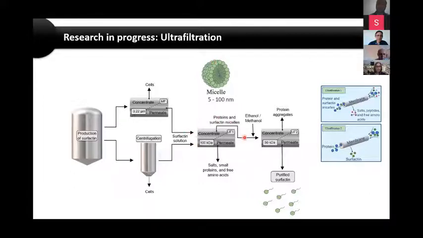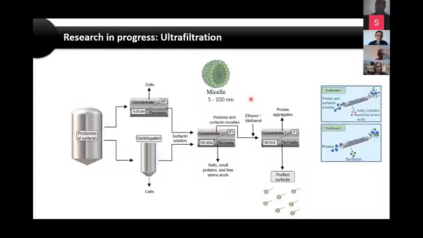When you run the ultrafiltration process, these structures are retained. On the other hand, salts, small proteins and free amino acids permeate. So basically the first-step ultrafiltration retains biosurfactants and also proteins.